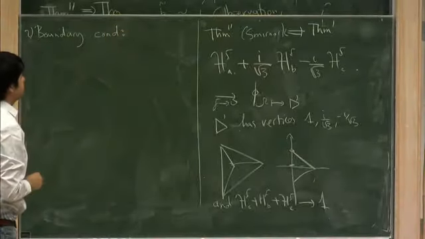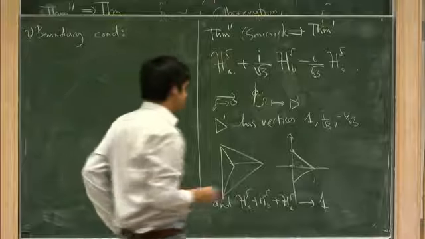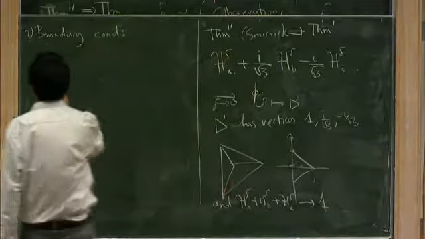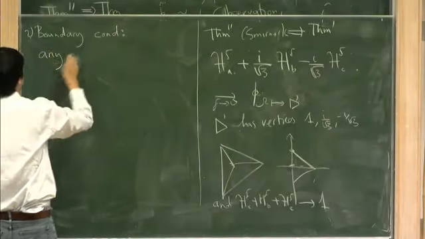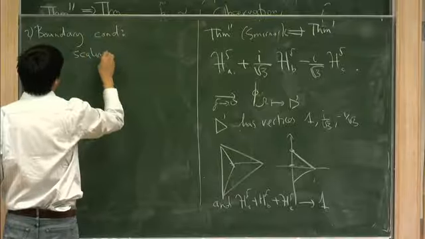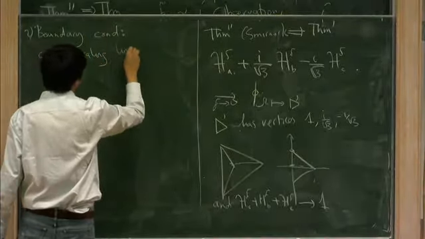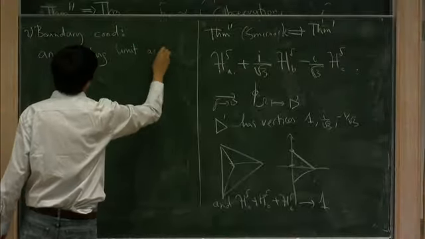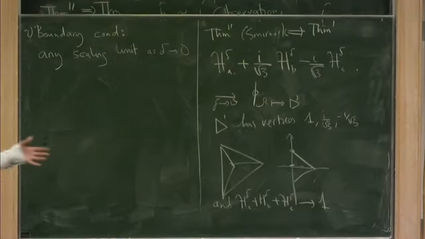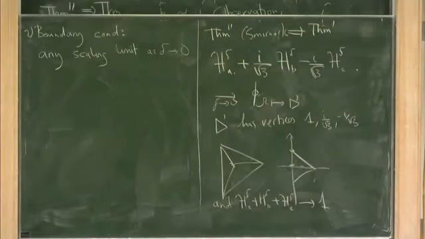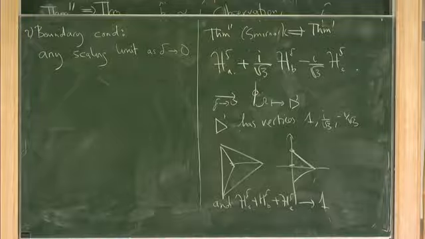The statement about boundary conditions is that any scaling limit, so we don't know the scaling limit exists, but we know there are scaling limits along subsequences because we have proven Hölder continuity, which means uniform equicontinuity, which means by Arzelà-Ascoli precompactness in the space of functions.